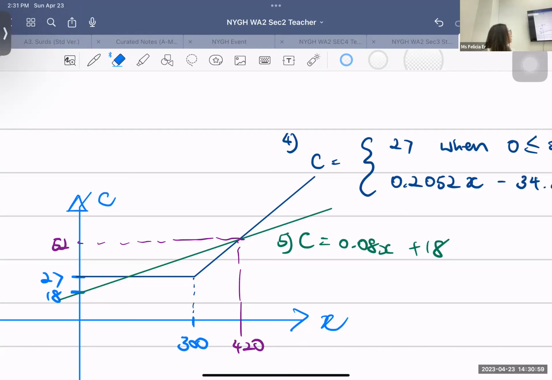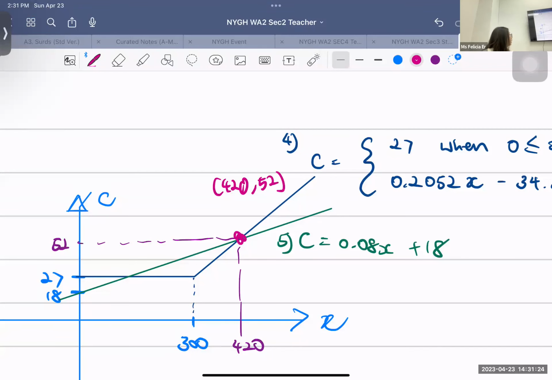Can see that? So part 6, you found the intersection. You have this point. Okay, so at this point, anything after 420 minutes, can you see actually the new plan is cheaper? Anything before 420 minutes, the old plan is cheaper?